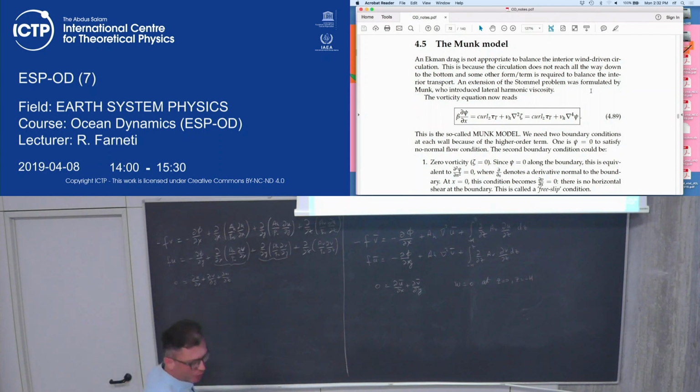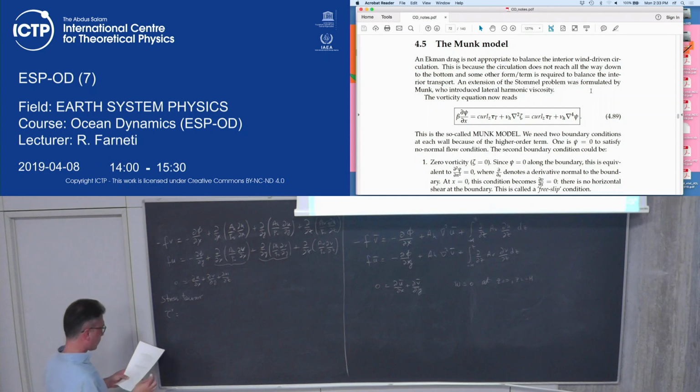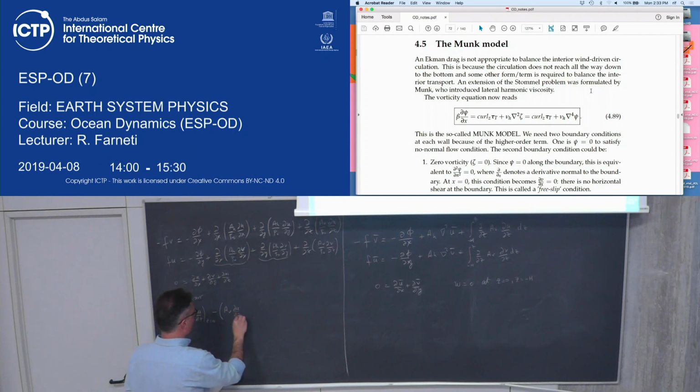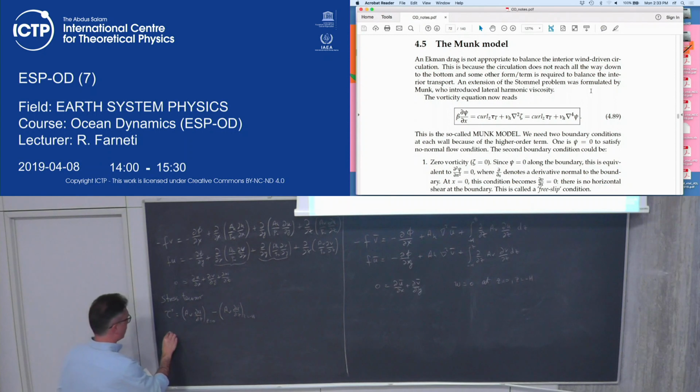Then we remember how we defined the stress tensor. If you remember how we defined the stress tensor right at the beginning, taking fluid mechanics as well, at z equals 0 minus h, and the same thing for the meridional component.